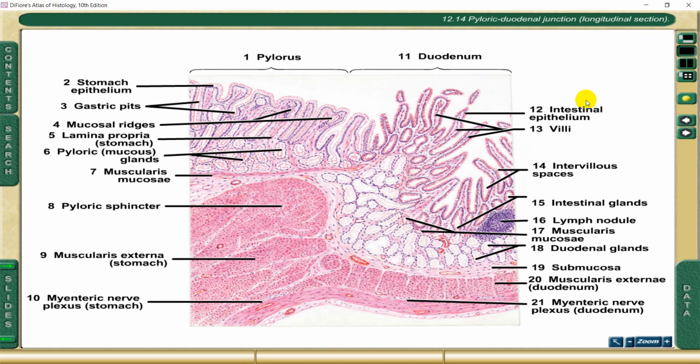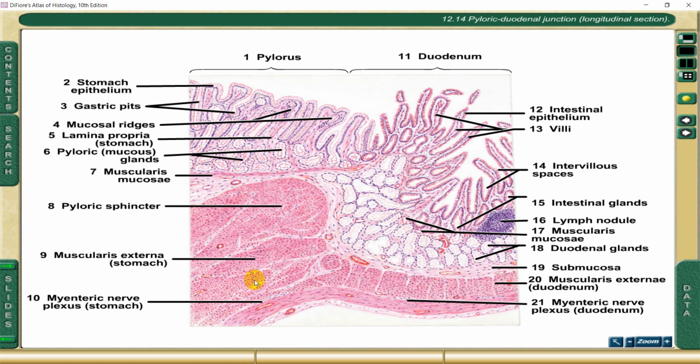This slide is a cross section from the stomach, duodenal junction. We notice this pyloric region was part of the duodenal. The wall of the stomach: mucosa, submucosa, muscularis externa, and serosa.